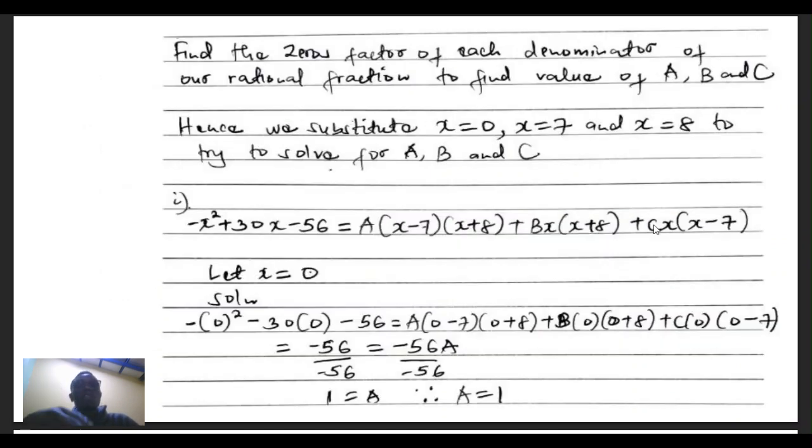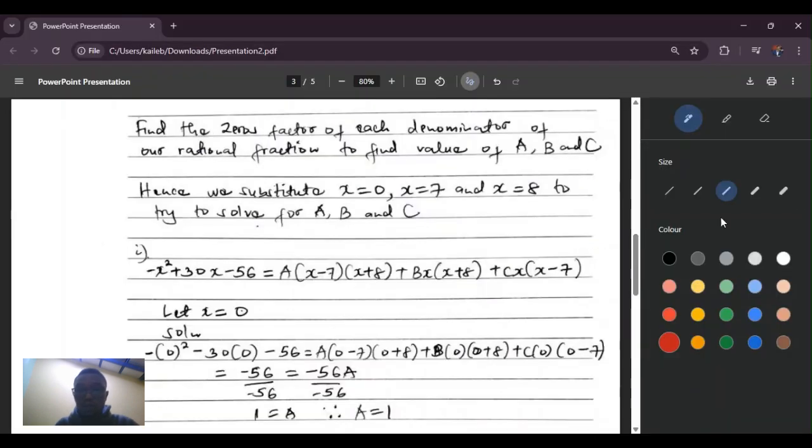What we do is find the zero factor of each denominator of our rational fraction so that we can find the values of A, B, and C. Hence, we'll substitute x equals 0, x equals 7, and x equals negative 8. Sorry, that was just a writing error. x equals negative 8 here.